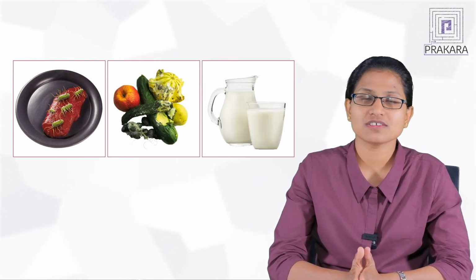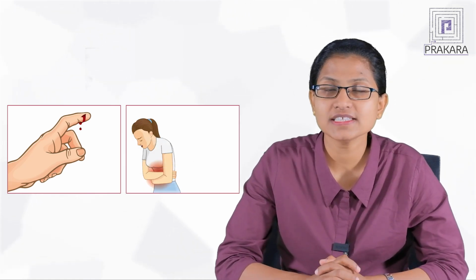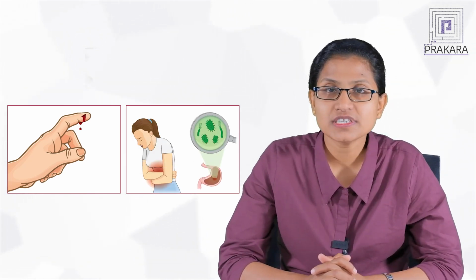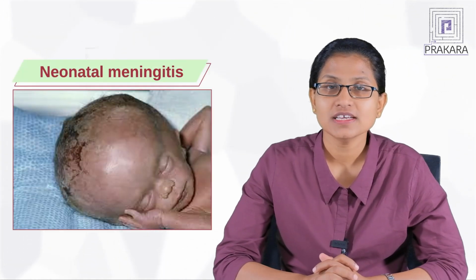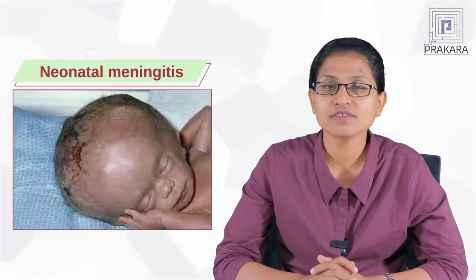They are transmitted by unprocessed food, contaminated food, raw vegetables or unpasteurized milk products, etc. Apart from causing listeriosis, these bacteria are known to cause infections on wounds and cuts. They are known to cause gastroenteritis, and in infants, newborns, neonatal meningitis. These bacteria are highly infectious.